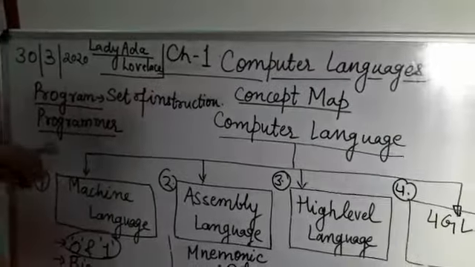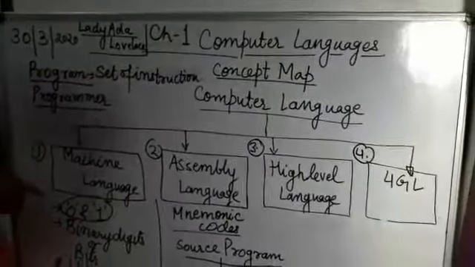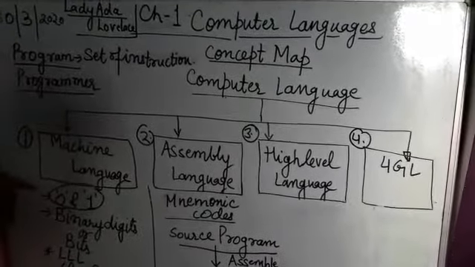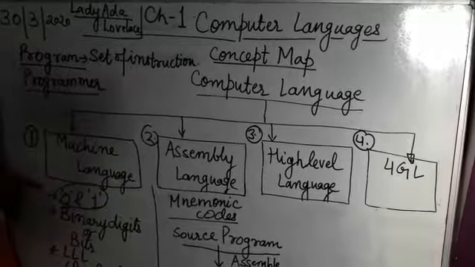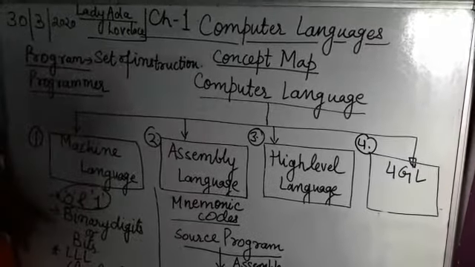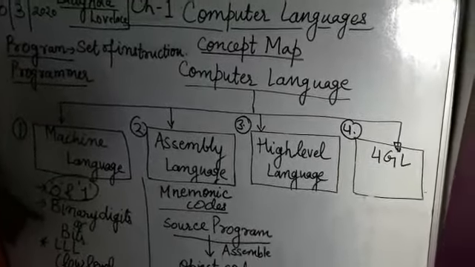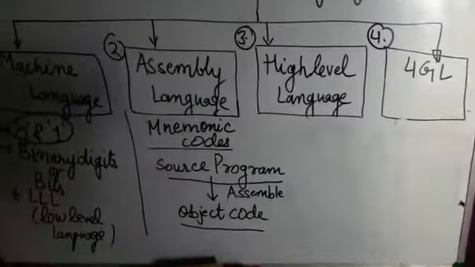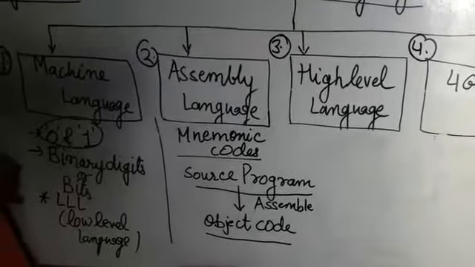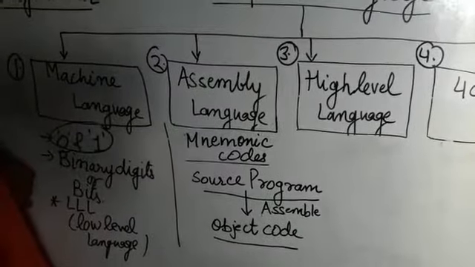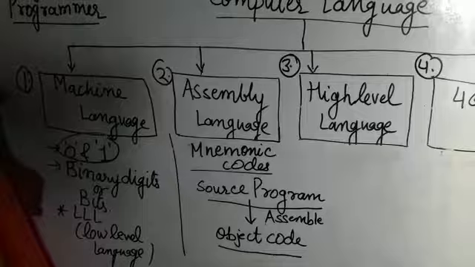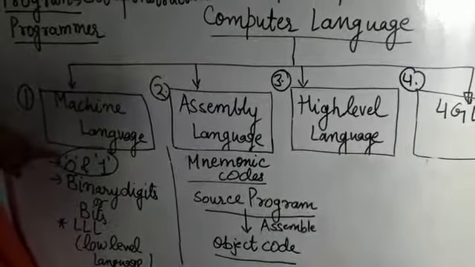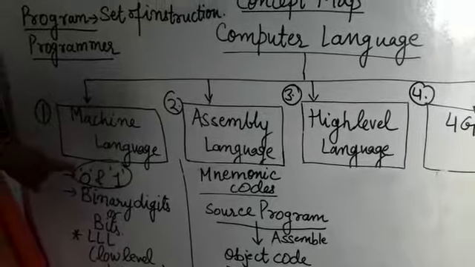So now, the first language which we were discussing, that is machine language. One feature is that the information is written in the form of two numbers, 0 and 1, which are known as binary digits or bits. It is also known as a low level language. And one of the most important features is that writing a program in machine language is very tough, because the programmer has to learn all the conversion into 0 and 1.